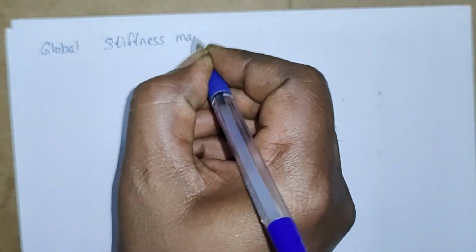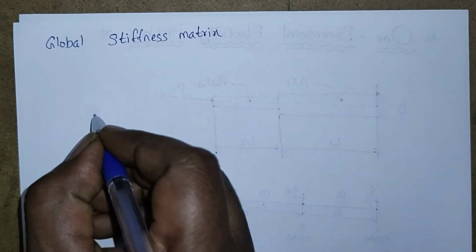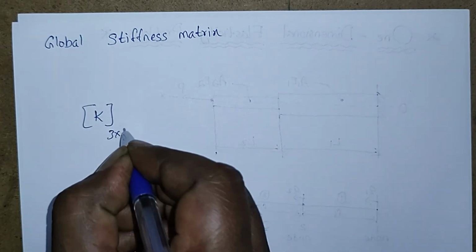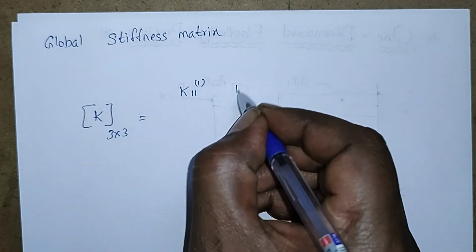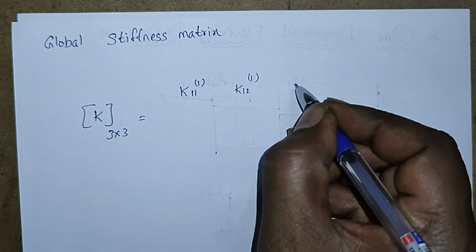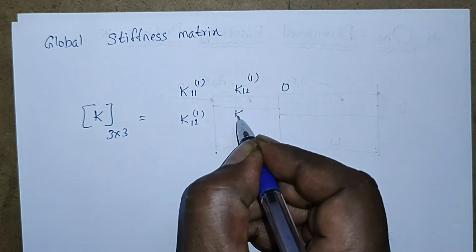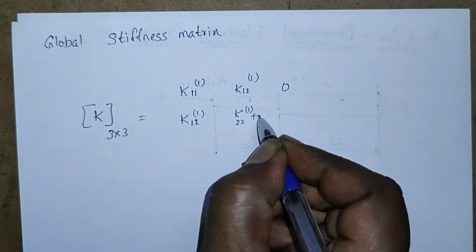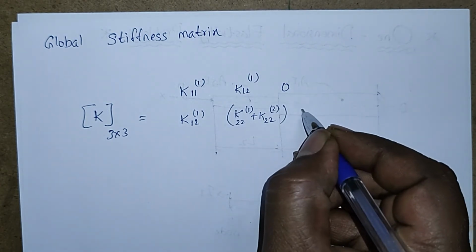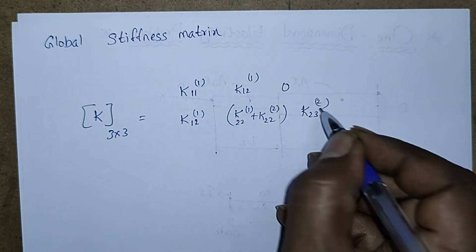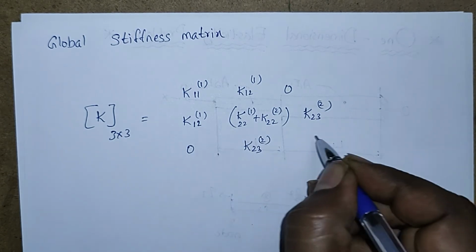It is represented as K. The size of the matrix is 3 by 3, equal to K 1 1 for the first element, K 1 2 for 1 and 0, and here K 1 2, K 2 2 plus K 2 2, and here it is K 2 3. Here it is 0 and K 2 3 and 0.